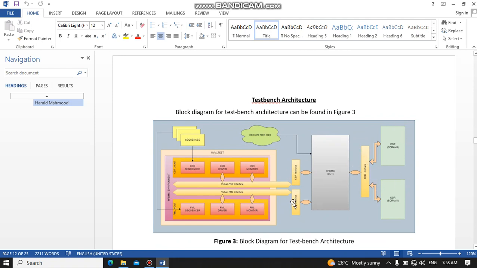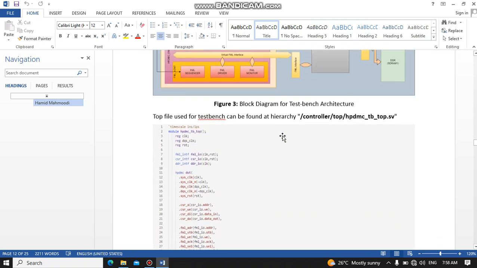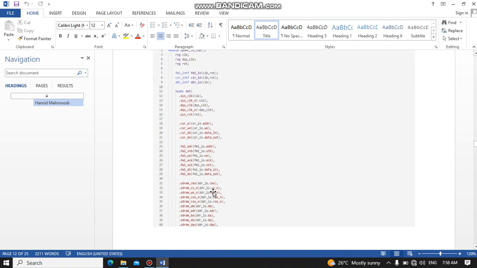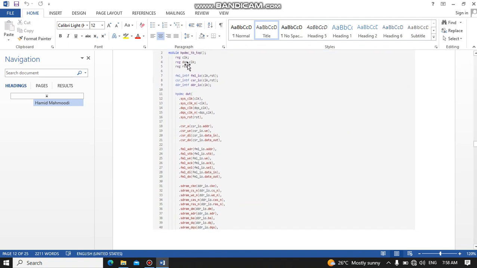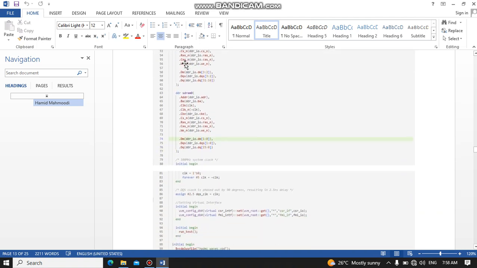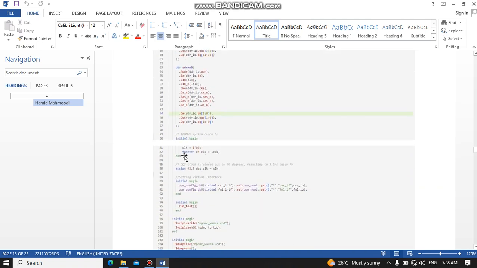The CSR and FML interfaces are controlled via UVM verification IP, and there is separate logic for clock and reset in our testbench top. Here you can see our testbench top. Here we have clock and reset signals, and we are driving the clock and reset signals from logic here.